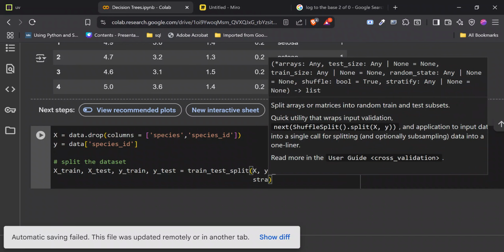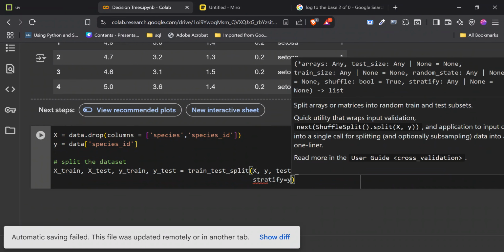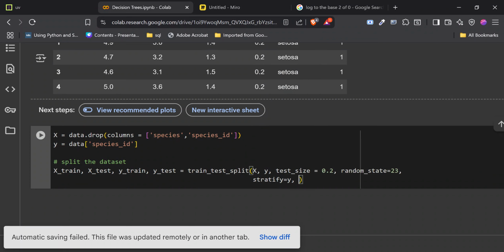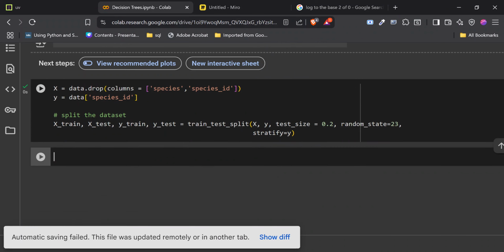Then you should say stratify equals y, so that it stratifies. I've explained that in the event that you have class imbalance, you're going to get a split that corresponds to the distribution of the groups inside the y. So yeah, that's everything.